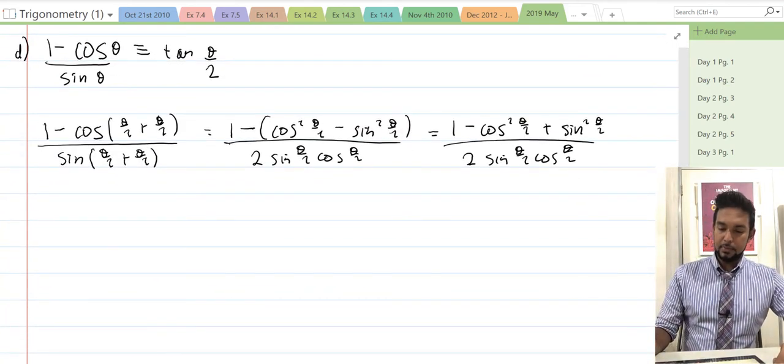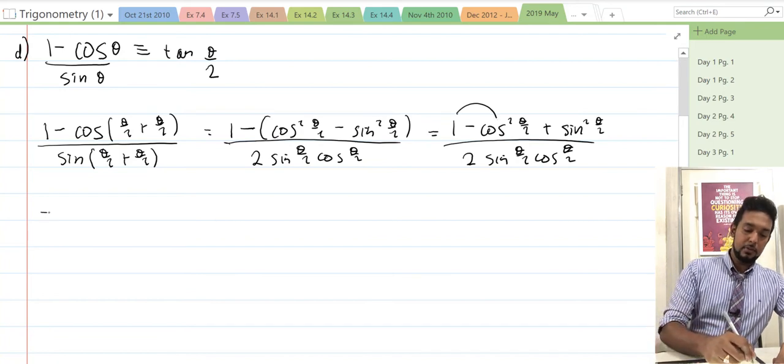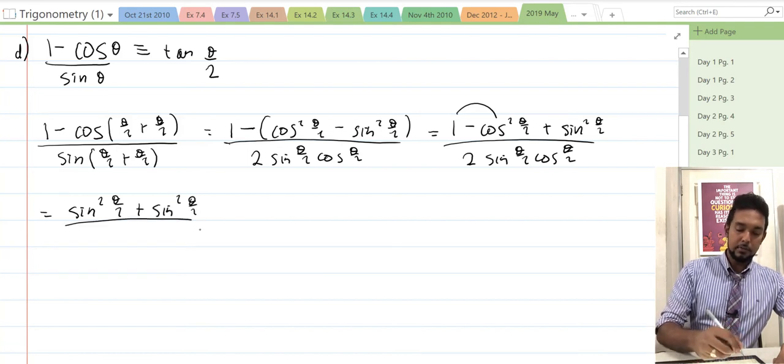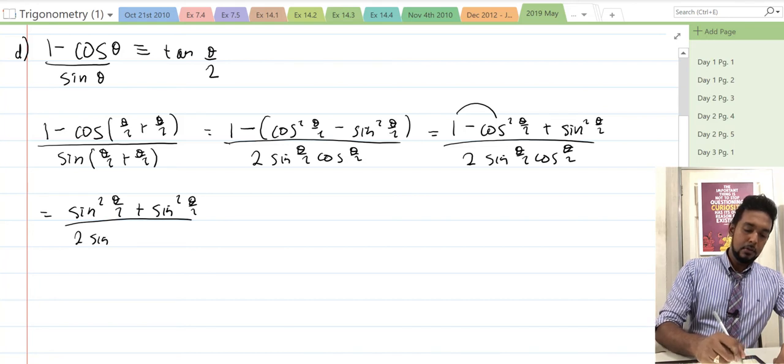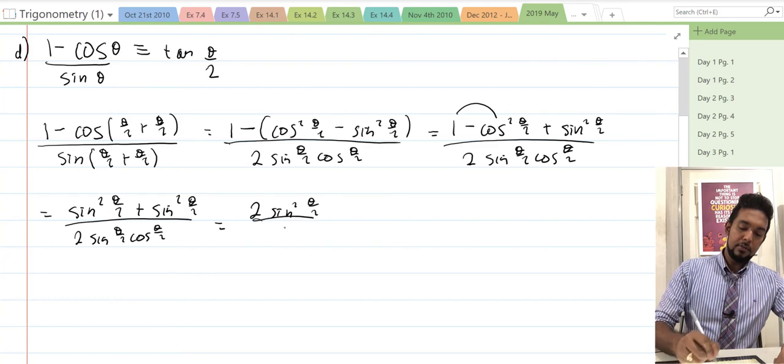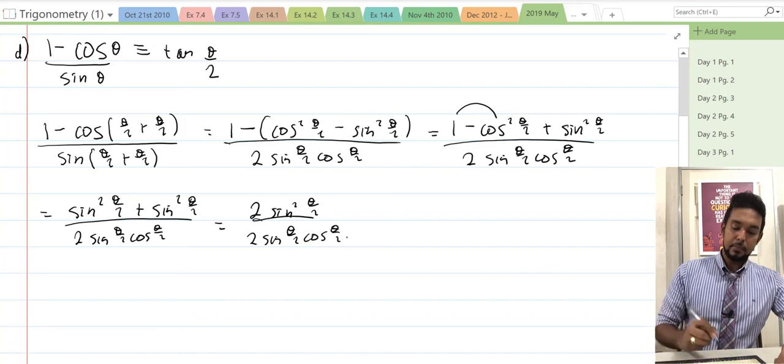Alright, so what happens from here now? 1 minus cos squared is what? Aha, so we have sine squared of a half theta plus sine squared of a half theta, all over 2 sine of a half theta cos of a half theta, and sine squared plus itself will give us 2 sine squared of a half theta, all over 2 sine of a half theta cos of a half theta.